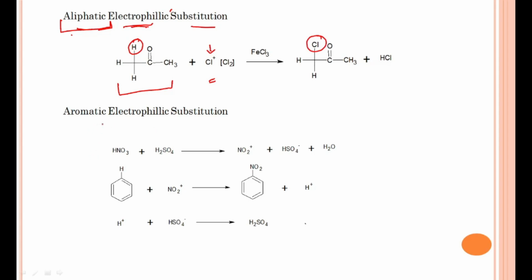Coming to the second category, aromatic electrophilic substitution reaction. Similarly, an electrophile is involved and the reaction occurs in an aromatic compound. I have already discussed this: this is the electrophile, this is the aromatic compound, and this hydrogen is replaced with NO2. That's why it is an aromatic electrophilic substitution reaction.